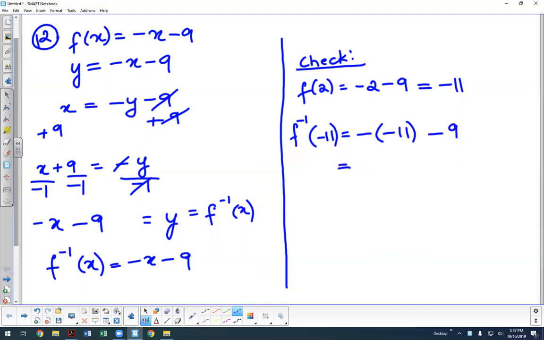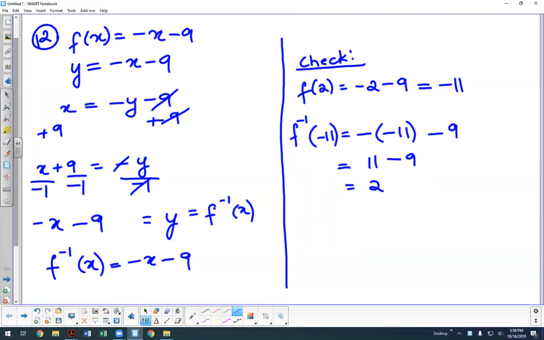So what will I get as my answer here? You are going to end up getting 2 because negative times negative will become positive. So you end up getting positive 11 minus 9, which will be 2. So you can see we started with that 2 and we should end with that 2.